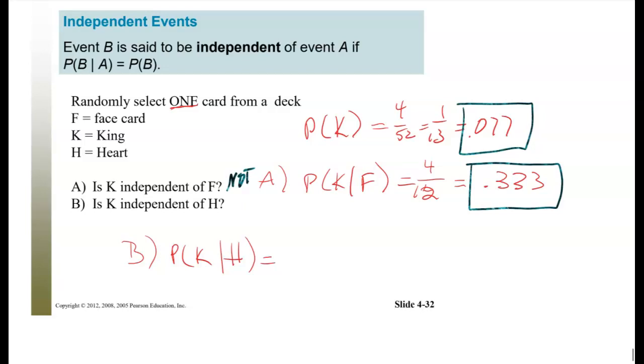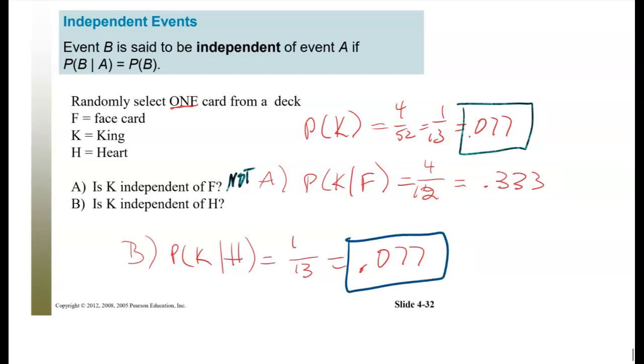Only going to look at hearts. How many hearts are in a deck of cards? There are 13 of them. And of those 13 hearts, how many are kings? Just 1. So we have 1 out of 13, 0.077. Please notice that 0.077 is also the probability of just K.